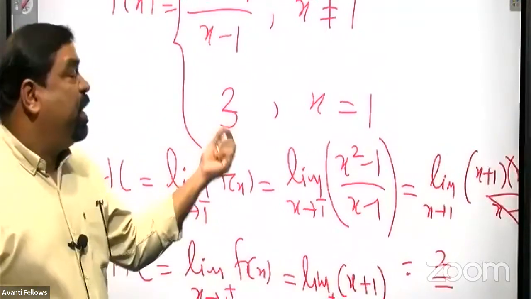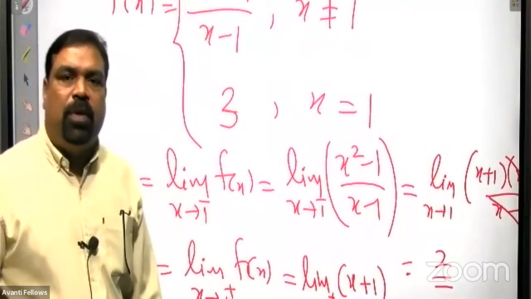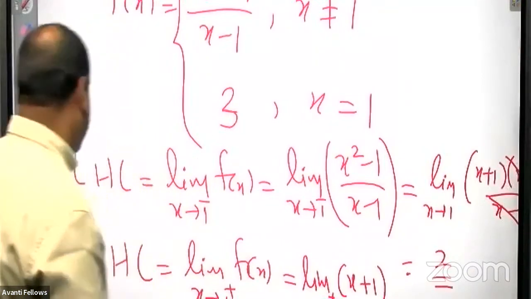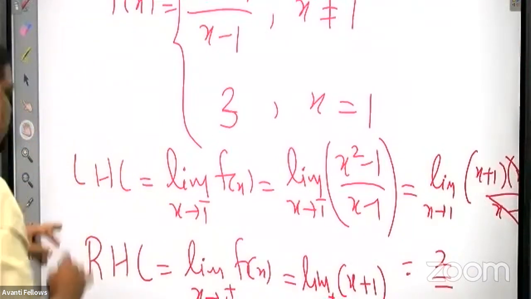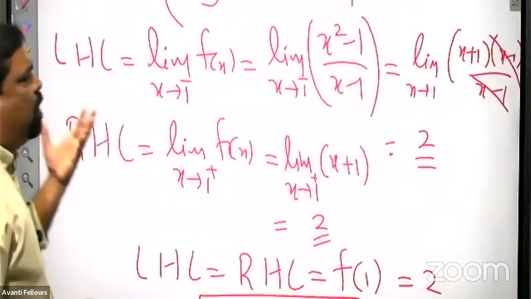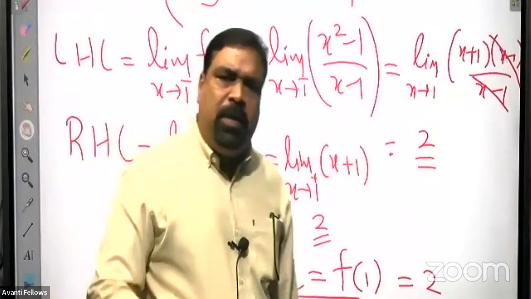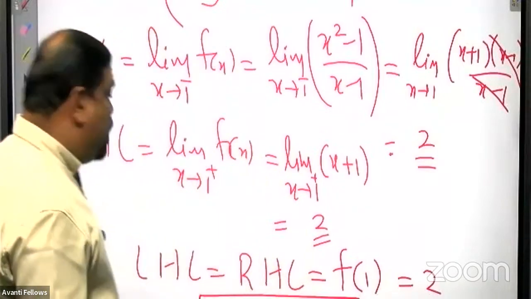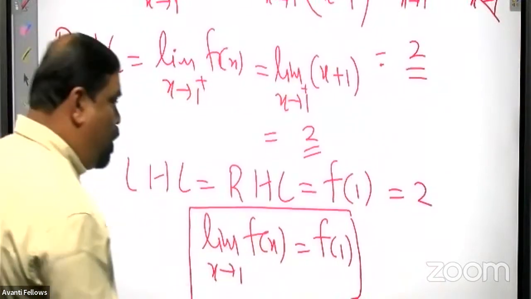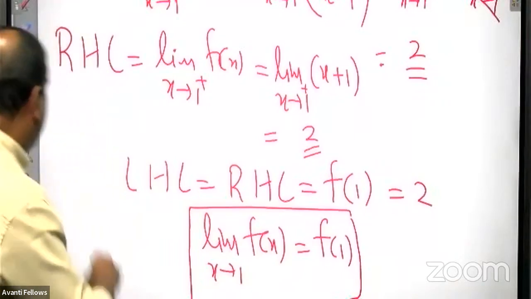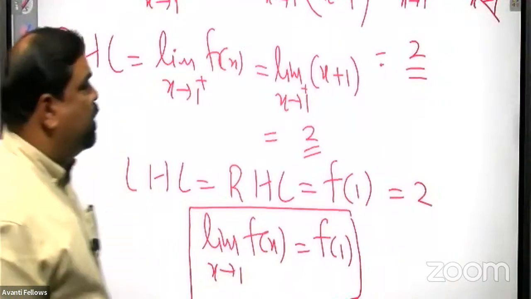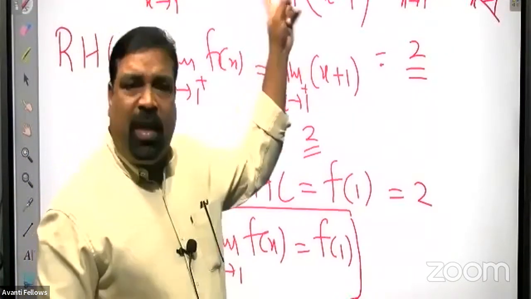Then what is the conclusion? LHL will be 2 only. RHL also will be 2. But what is the value of the function at the point 1? We have defined it as 3.